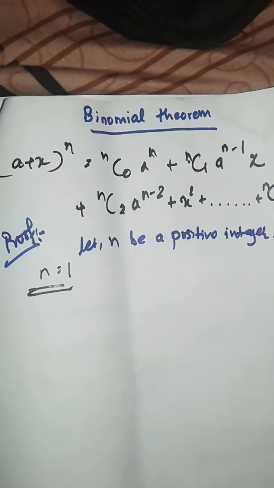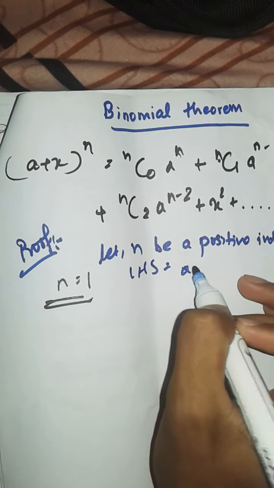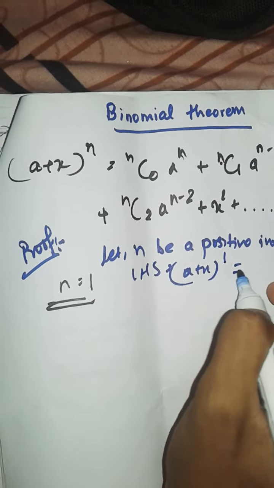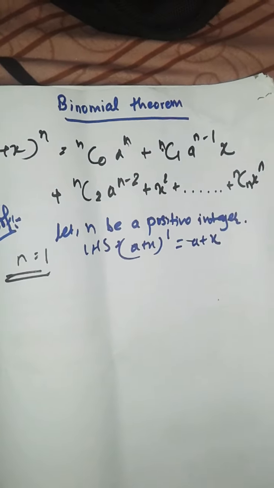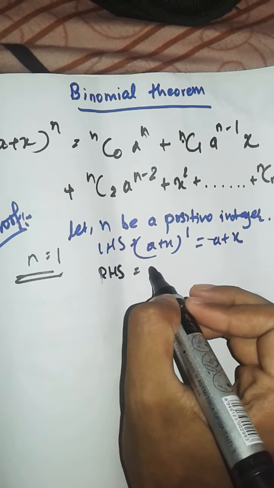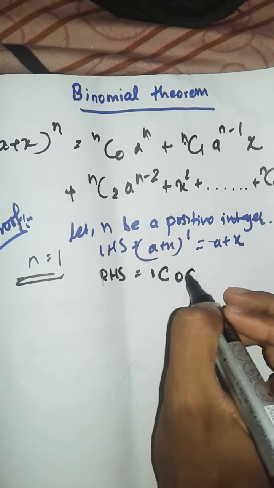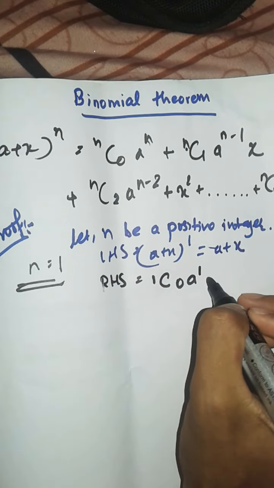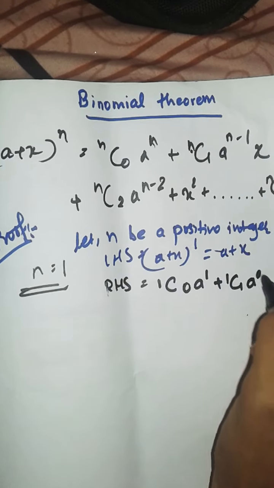When n equals 1, what is the value? In the left hand side, it will be (a + x)^1, which equals a + x, while in the right hand side it will be 1C0 a^1 + 1C1 a^0 x.